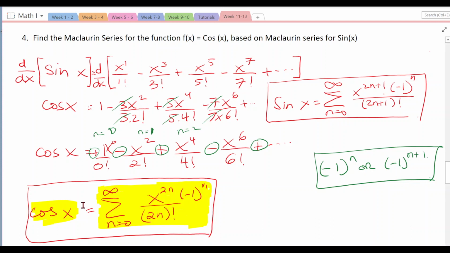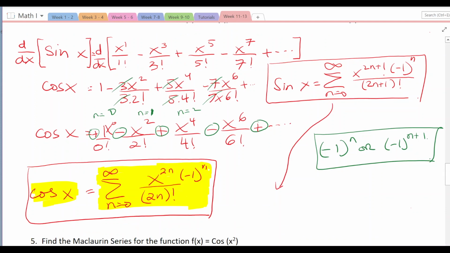The second way to find the Maclaurin series of cos x, based on the sin x, is to do a direct derivative of the sin x. The derivative of sin x will be cos x.